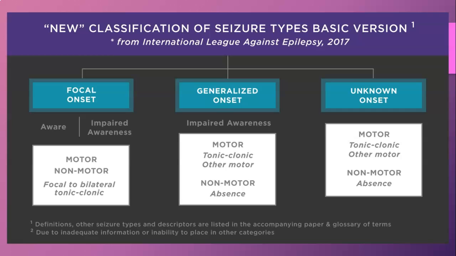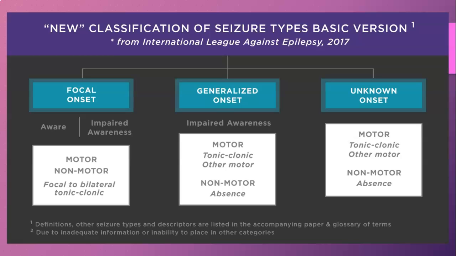And then motor refers to things like that tonic-clonic seizuring, that we know a little bit more, or an overall muscle weakness, twitching, something that has to do with motor movement. Non-motor would refer to things such as staring spells with or without some brief twitching, but also emotional sensations and changes in autonomic function.